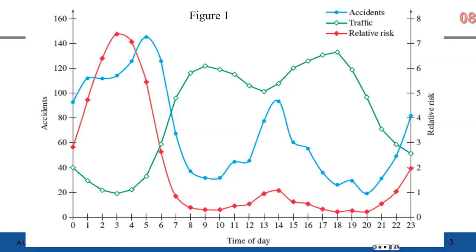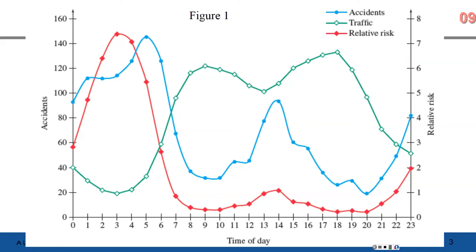So if you look back at what this is talking about, you can see that the relative risk of having an accident at, let's say, 9 or 10 a.m., that's pretty low. But the reason for that is because even though the traffic is at a higher relative density, you have fewer accidents that are sleep-related, because by mid-morning you're awake.